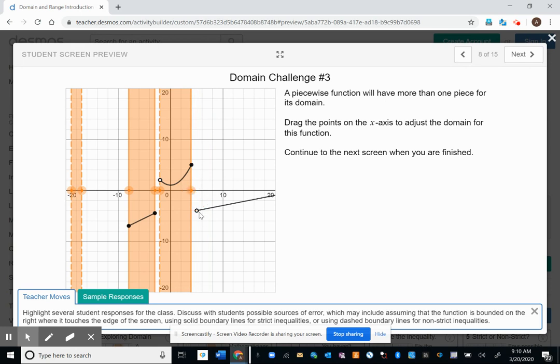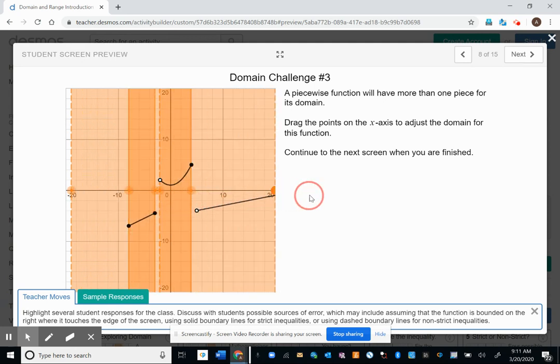And then on this last part here, it looks like this extends indefinitely. There isn't an endpoint over here to show me whether it's going to head to infinity or stop right there. So that would make sense that we would use a dashed line at each end. And there's the three regions of the graph.